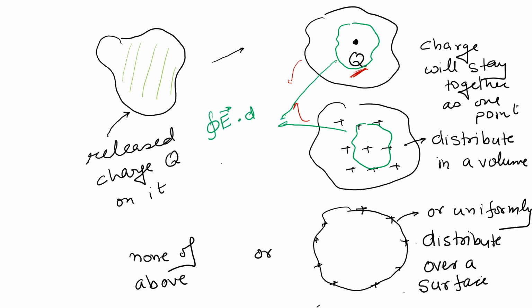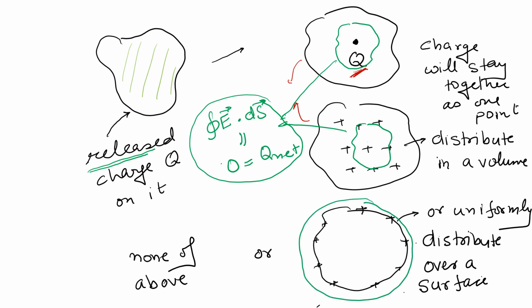We know that electric field inside a conductor is zero, so the flux has to be zero, so Q net has to be zero also. If the charge is sitting inside the volume of the conductor, Gauss law cannot be true, and we know Gauss law is always true. So any charge we release will go to the outside surface.